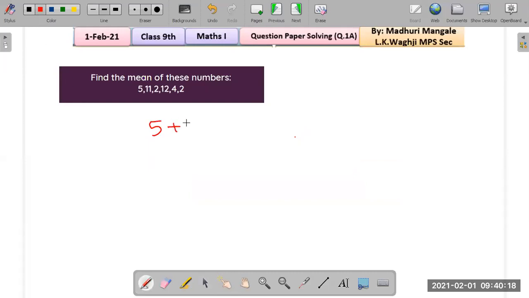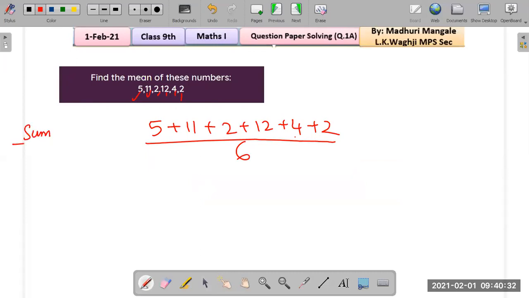First, add the numbers, right? And divide by the number of numbers. So how many numbers? 1, 2, 3, 4, 5, 6. 6 of them. So divide by 6. Mean is the sum of all observations divided by the number of observations.